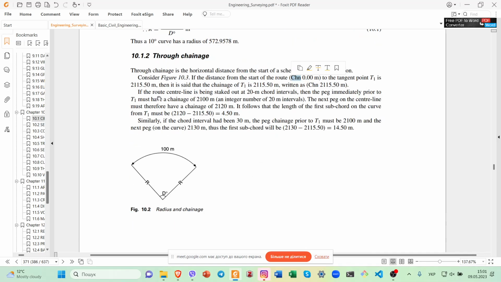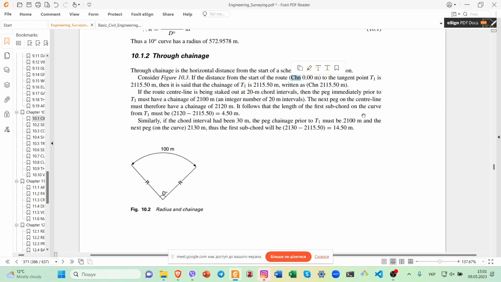So if the road center line is being staked out at 20 meters chord intervals, then the peg immediately prior to T1 must have a chainage of 2100 meters, an integer number of 20 meter intervals.